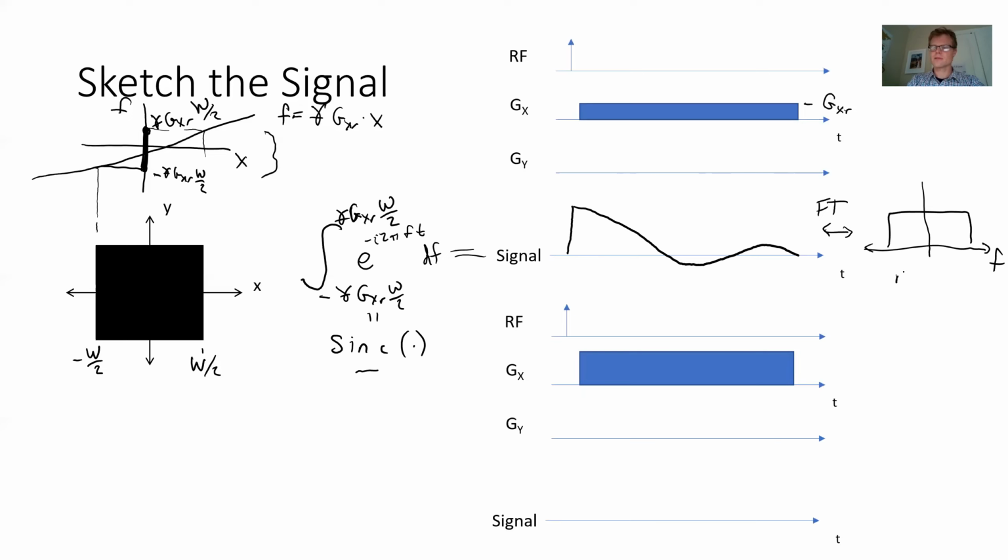Some rect function here. And you should look at our object and go, aha, this is what we should be getting. We have a rect function in the x direction. So when we apply frequency encoding and then Fourier transform that to get our image, we should get back a rect function in our reconstructed image over here.